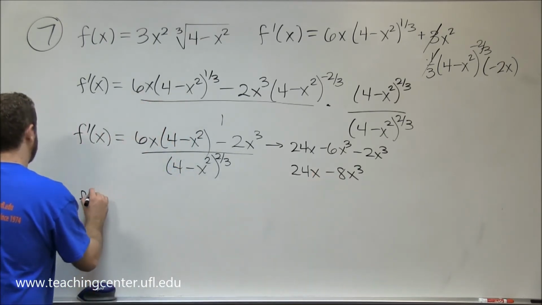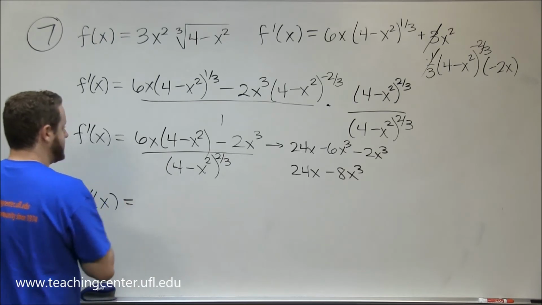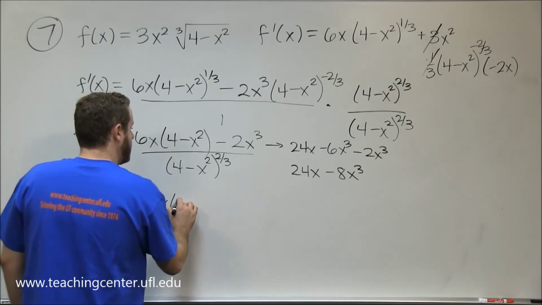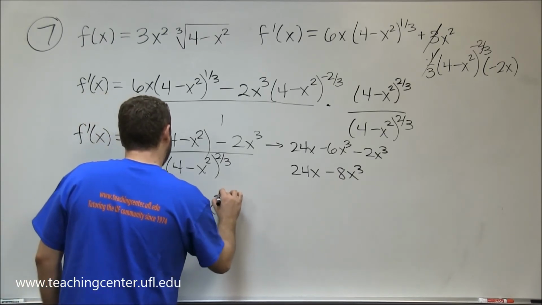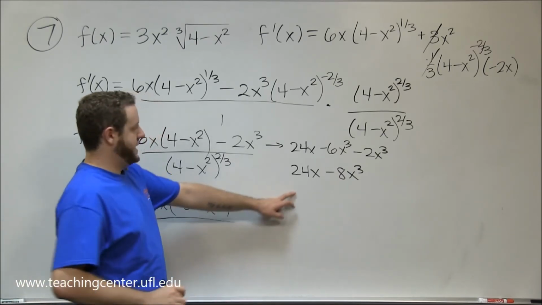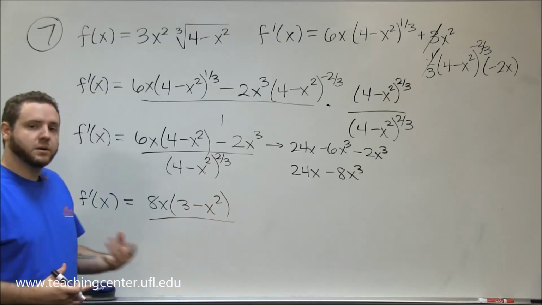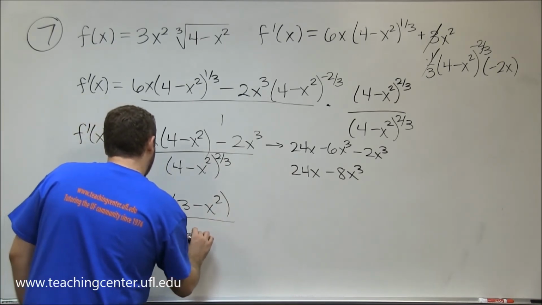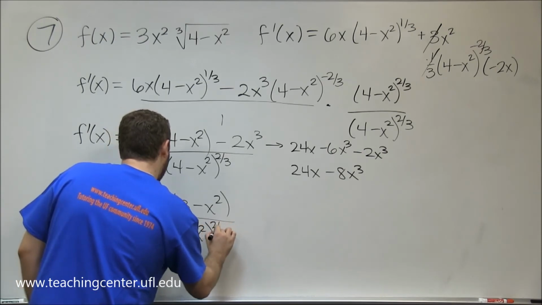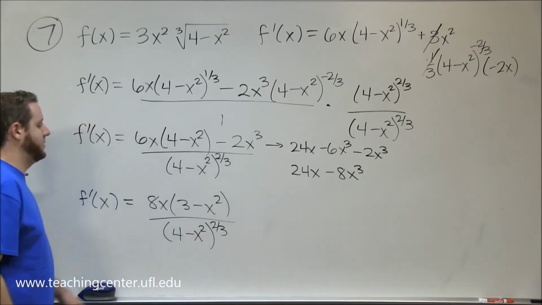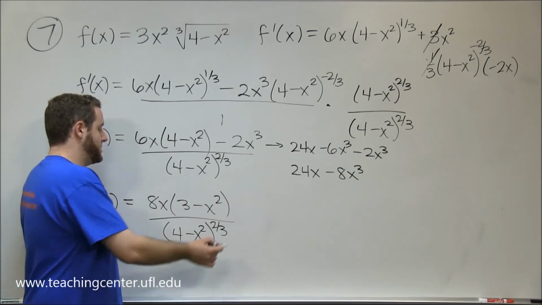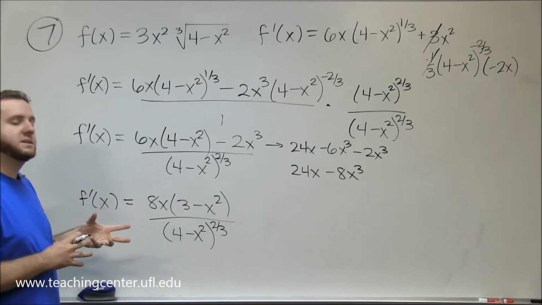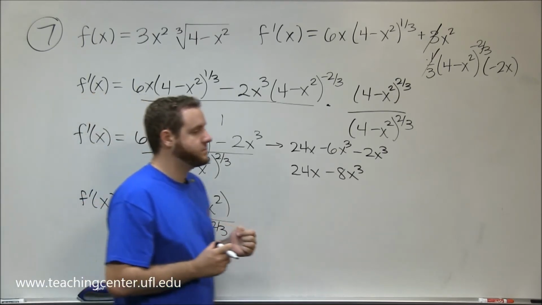So we can write this in one more simplified step as 8x times 3 minus x squared, by factoring the 8x out of our numerator. And we still have our denominator of 4 minus x squared to the 2/3. So this is as simplified as our derivative can get. Nothing else can cancel here, and nothing else can be factored.